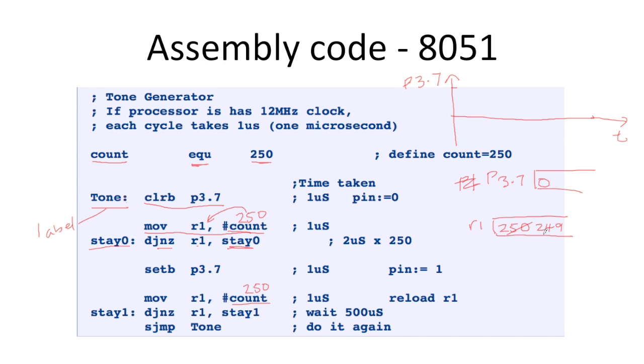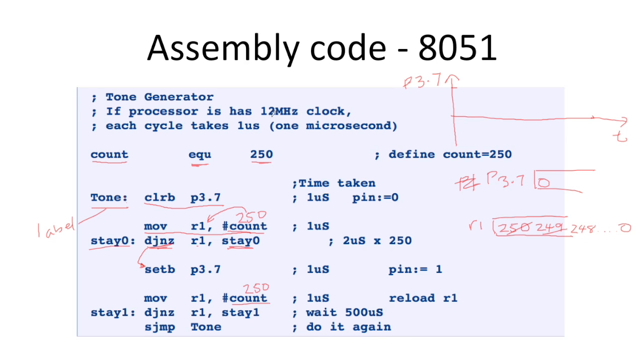So what ends up happening is you are decrementing from 250 all the way to 0, at which point the execution resumes and moves on to the next line. So we have executed this operation 250 times.